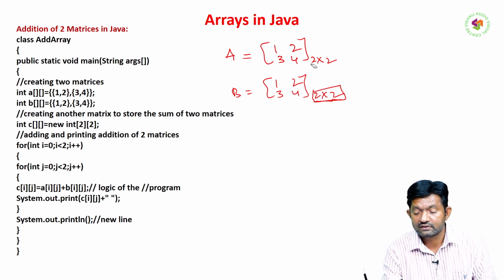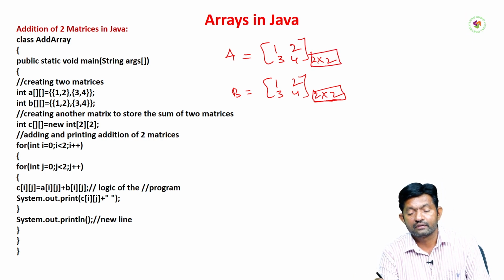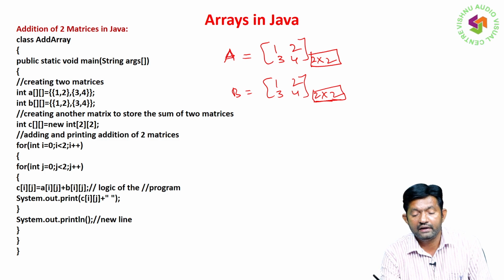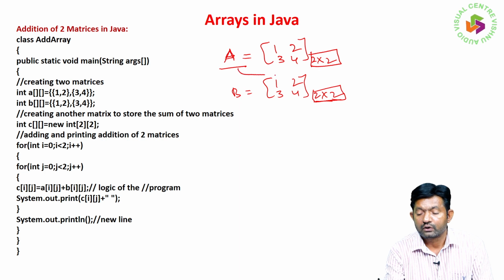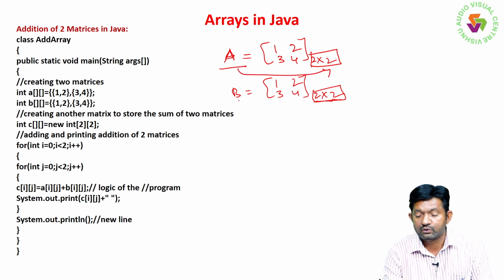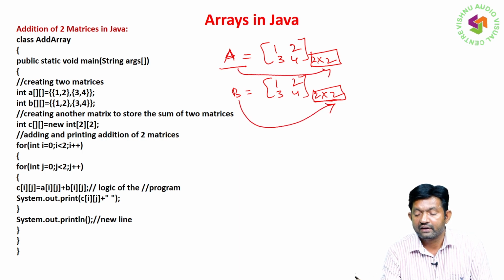In matrices, one rule is available. The rule for adding two matrices: matrix A rows and columns must equal matrix B rows and columns. A size is equal to B size.